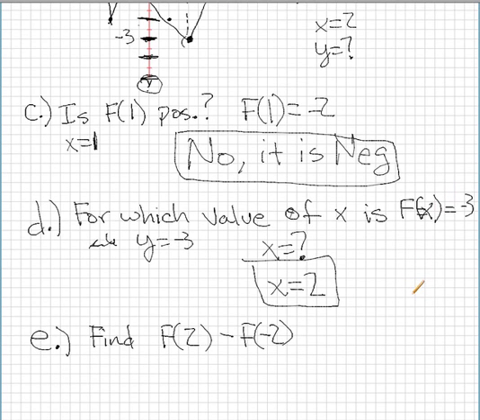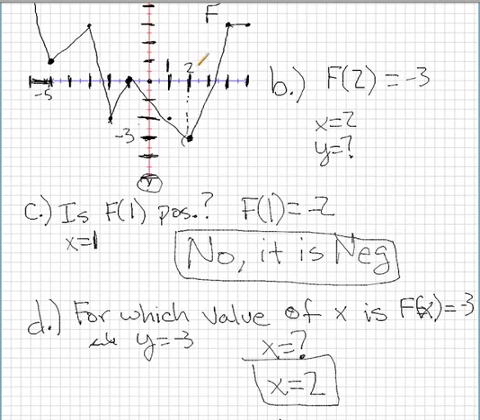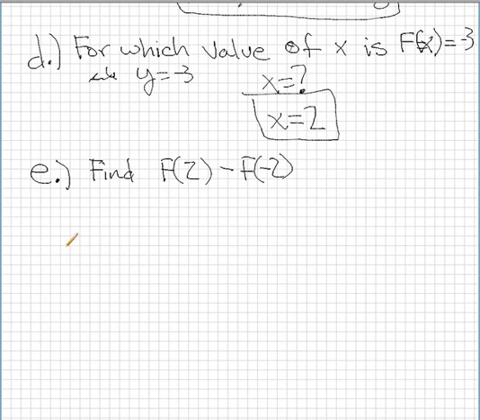So then E is our final part. So f of 2, we already found that, right? F of 2, where x is 2, what is the y value? It is -3. So we're just going to substitute these things into the problem. So f of 2, we already said was -3.